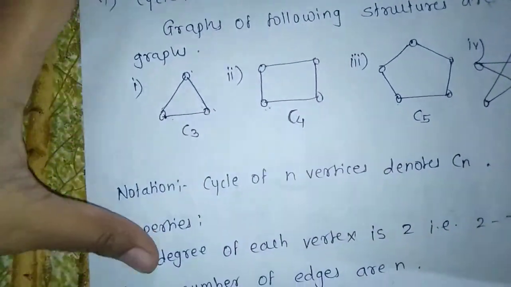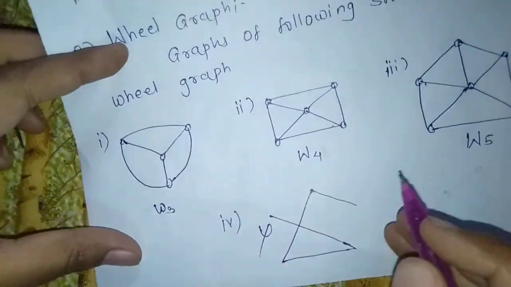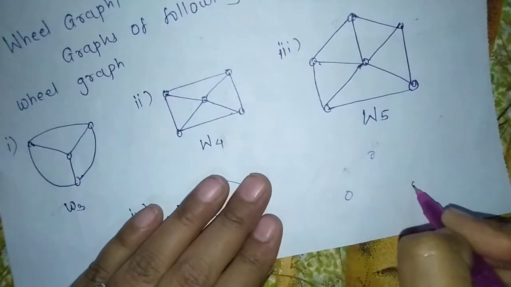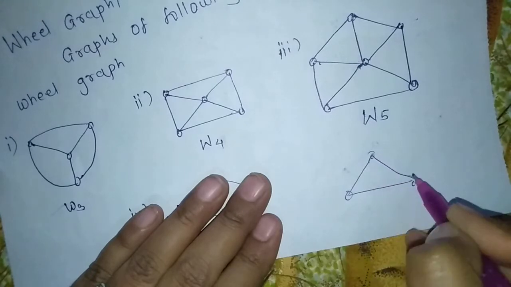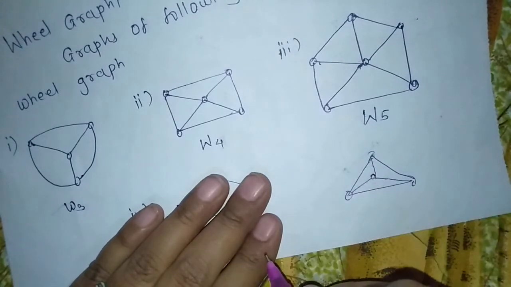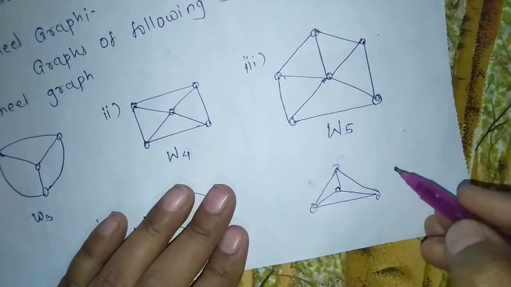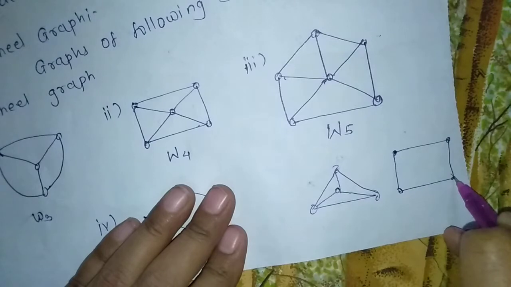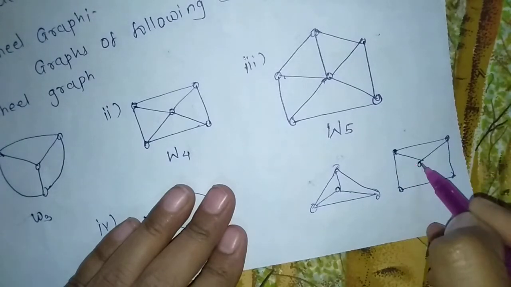Suppose we have C3. Add a new vertex and new edges, so this becomes a wheel. Also for C4, draw C4, add a new vertex and draw new edges.